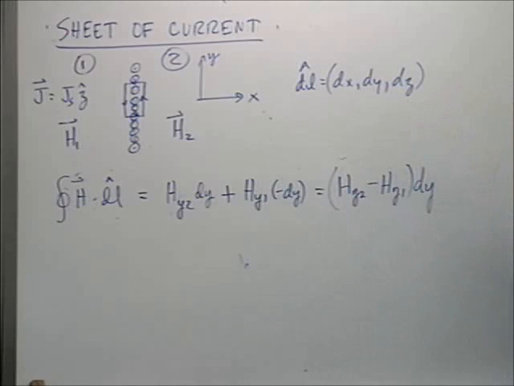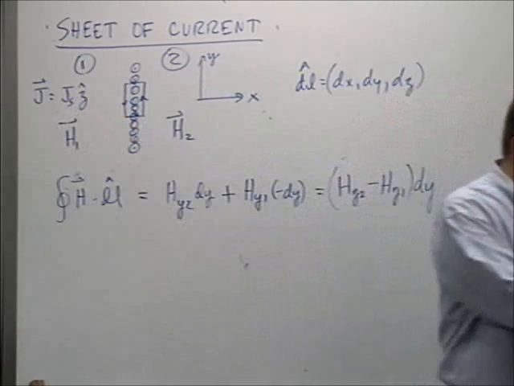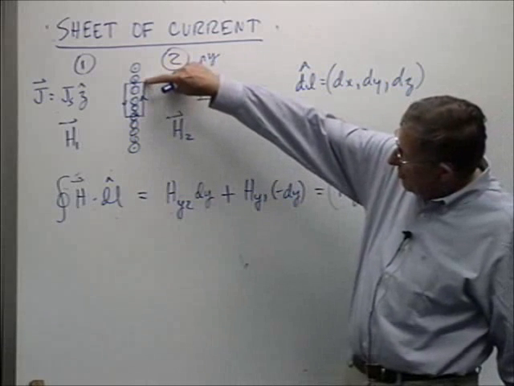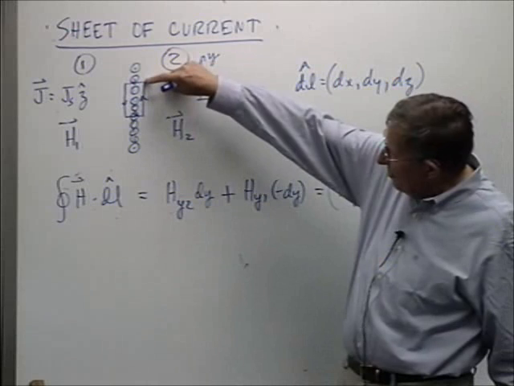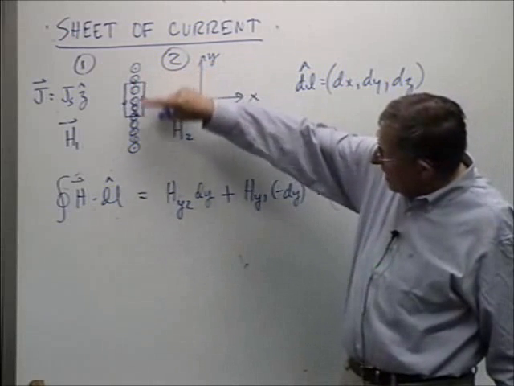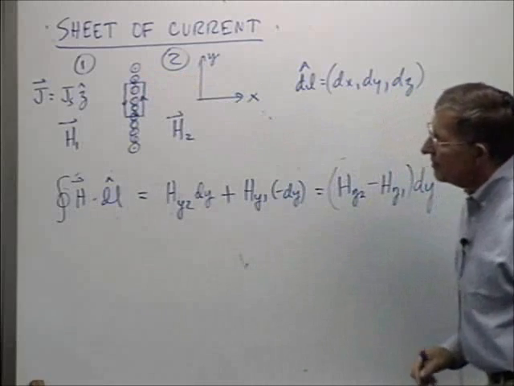What's that equal to? Let's say this current density, I want to integrate it over this path. If I integrate it over this distance, that's adding it up over the y distance.